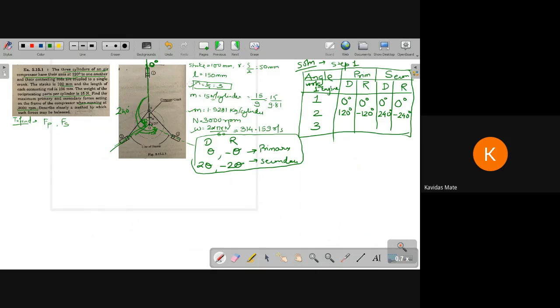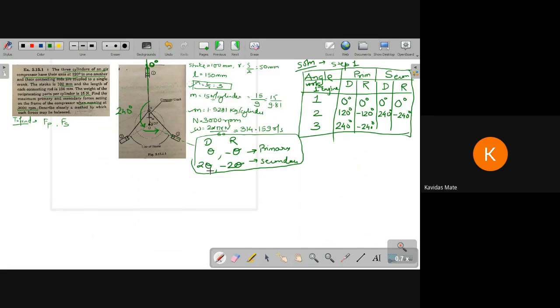I will erase this so it becomes more clear. So this is 120 and again this is 120, so it would be a total of 240. So theta is 240. Direct is theta, 240, reverse would be minus 240 degrees.